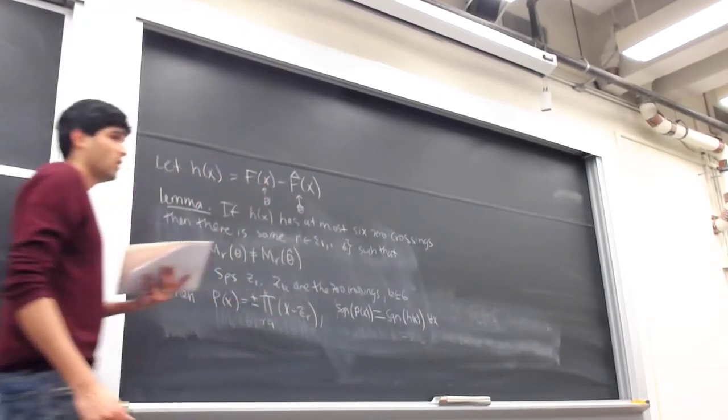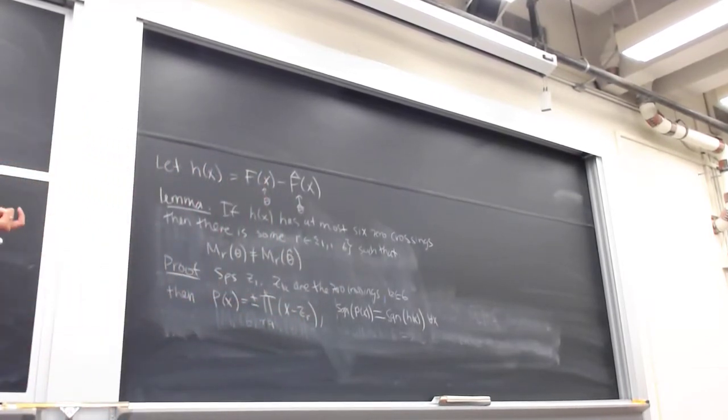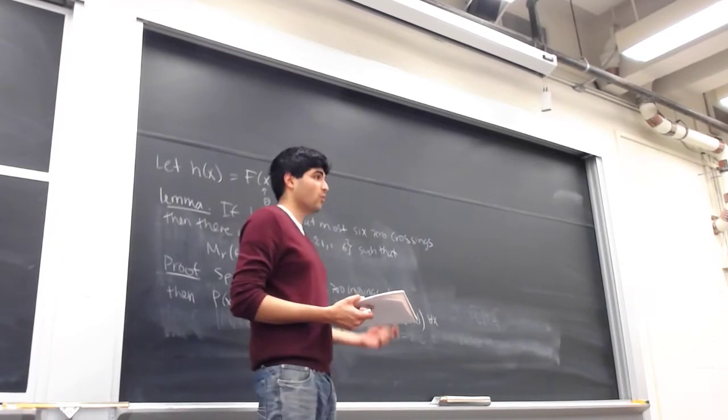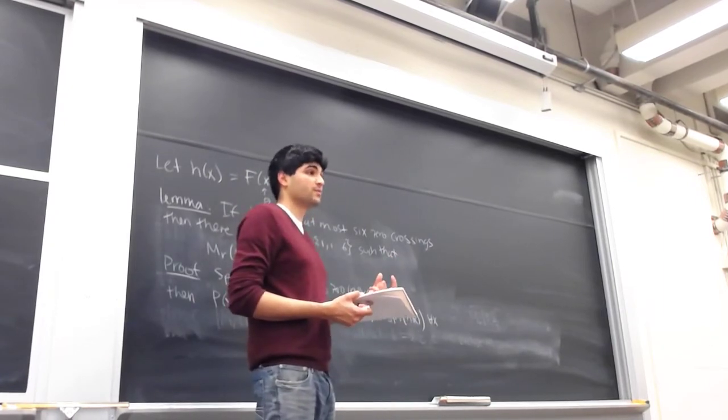Okay? So that's the idea, is that we can explicitly write out some polynomial which has this property that everywhere the sign agrees with what the sign of this underlying function is.